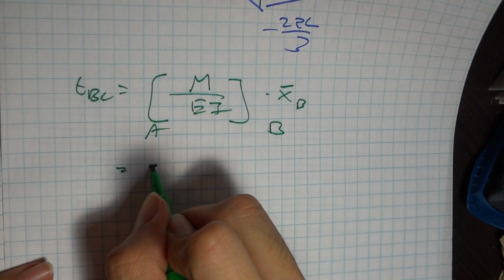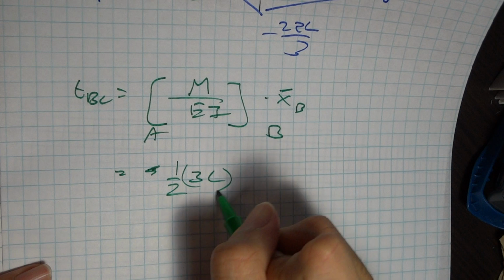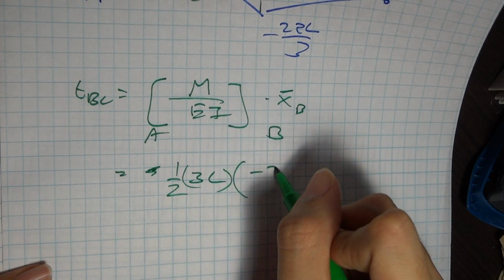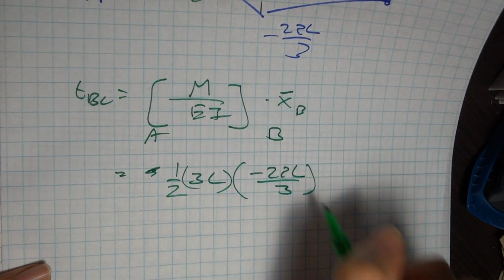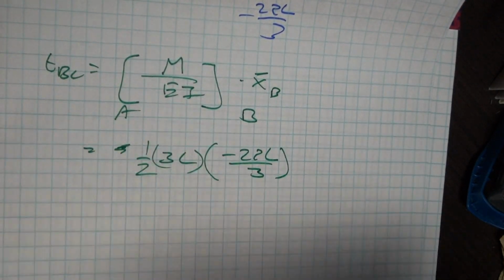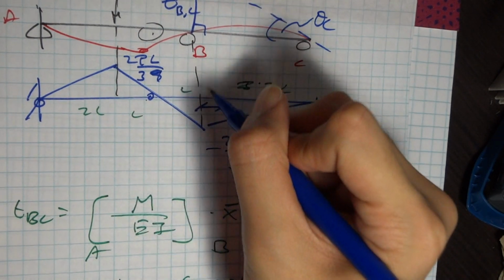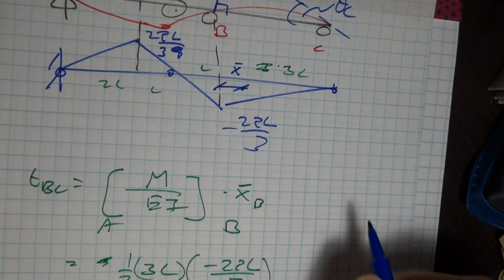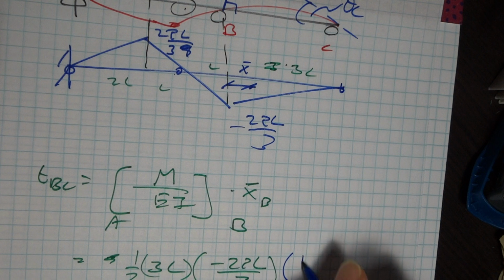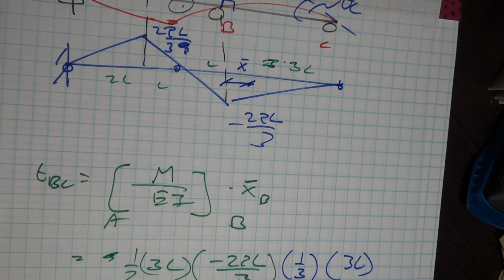is equal to 1/2 times 3L times negative 2PL on 3. X bar is equal to 1/3 times 3L.